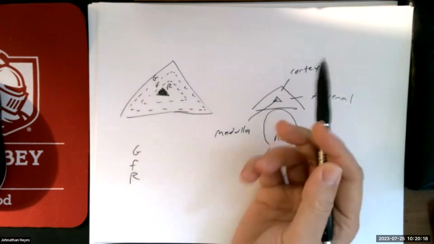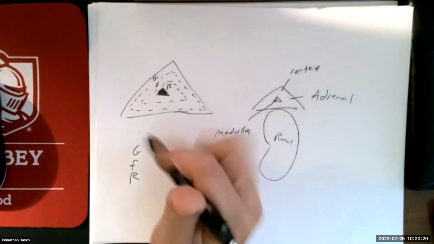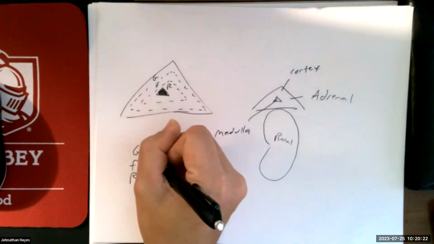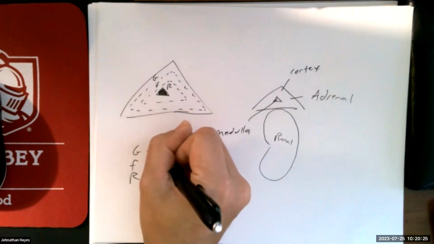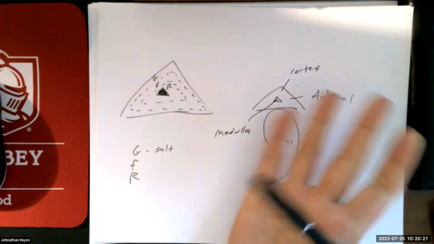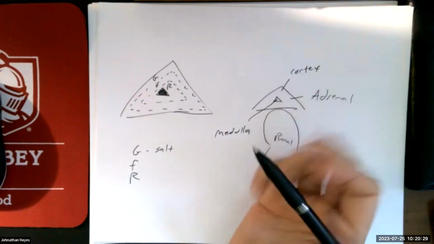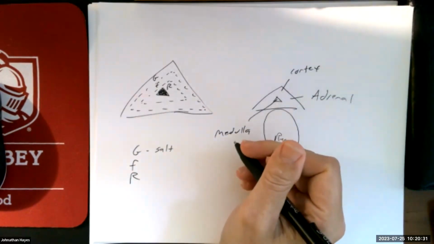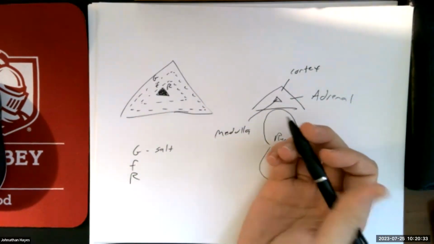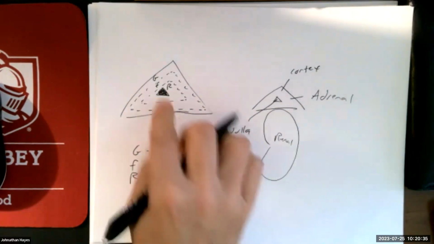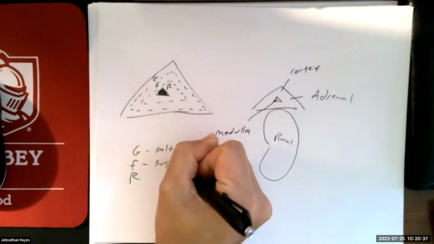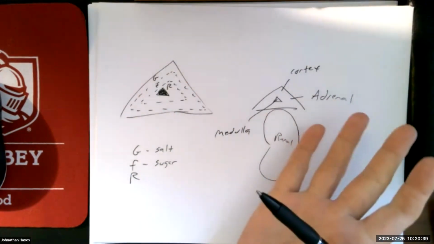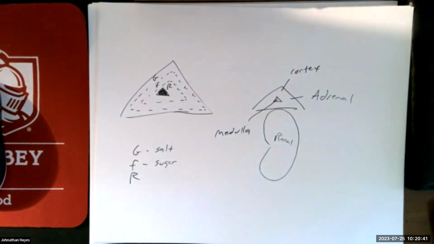And they produce families of hormones. And the family that comes from zona glomerulosa helps us deal with salt control, like electrolyte balances, like sodium and potassium. And so they're called mineral corticoids. The one that's coming from zona fasciculata helps us deal with sugar metabolism, because, believe it or not, cortisol is one of those hormones that actually helps with sugar metabolism.